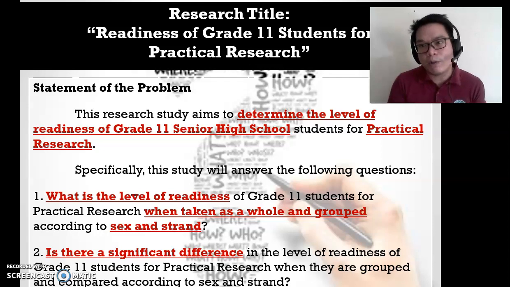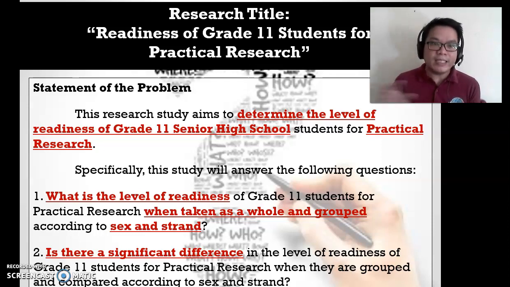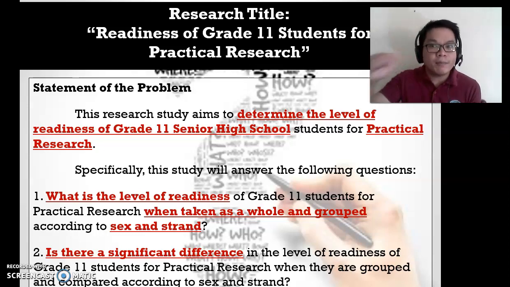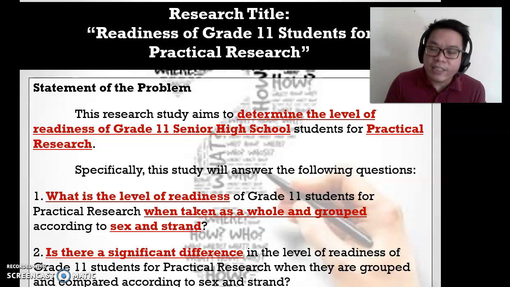That's what I want to find out. So this is the format of how you will do your statement of the problem. Again, you must have your statement of the problem, your descriptive question, and then you move on to your inferential question. That's basically your statement of the problem.